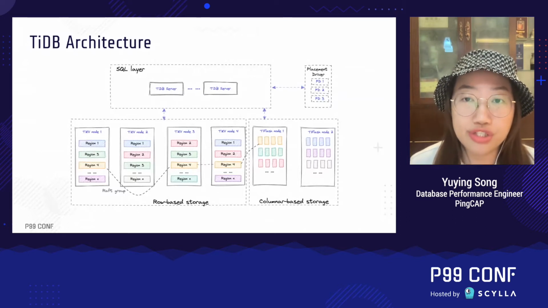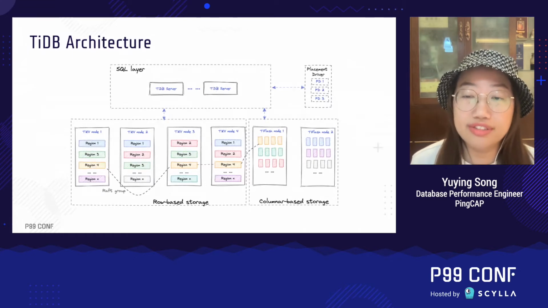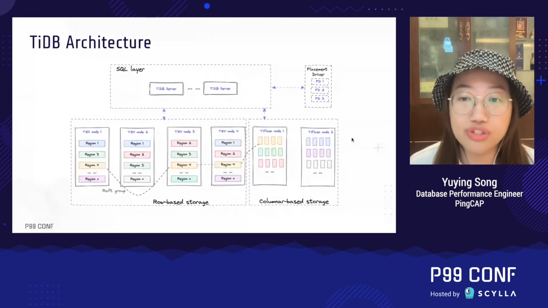It manages all the metadata. TiKV server is the row-based storage of TiDB. And TiFlash is the columnar storage of TiDB. PD also manages all the metadata of where the data is stored in each storage node.